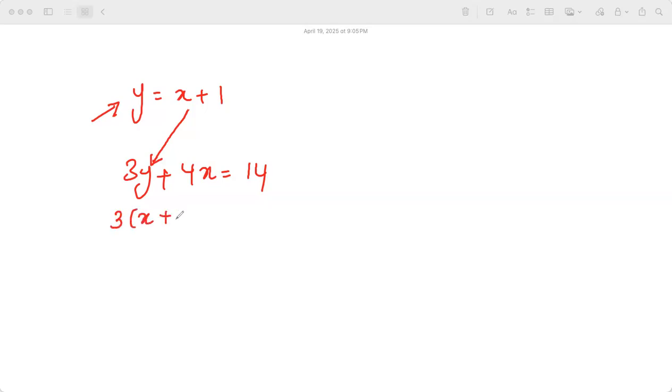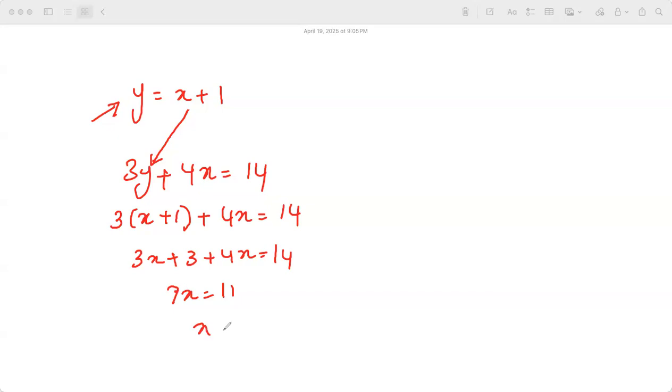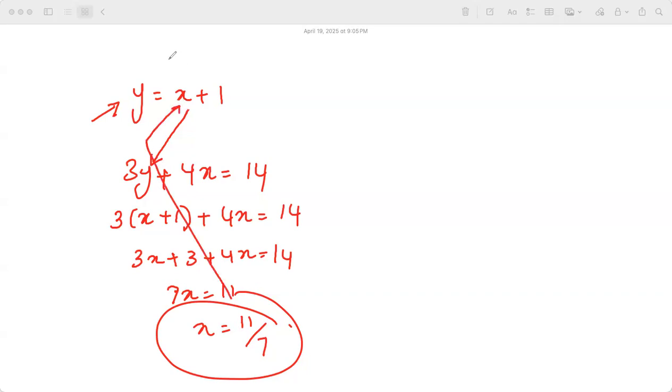Remember, when you convert to one equation with one variable, you can easily solve for x. Do you see what is happening here? 7x equals 11, x equals 11 by 7. Do you get it? Now you can plug this x back in and find y.